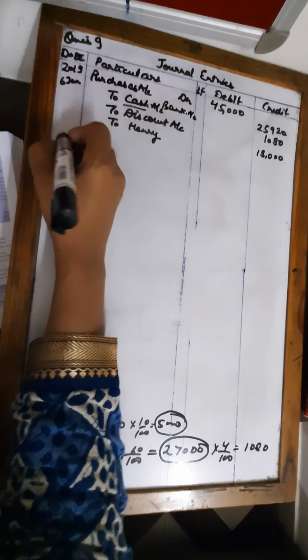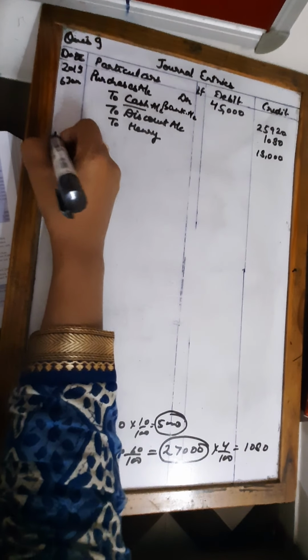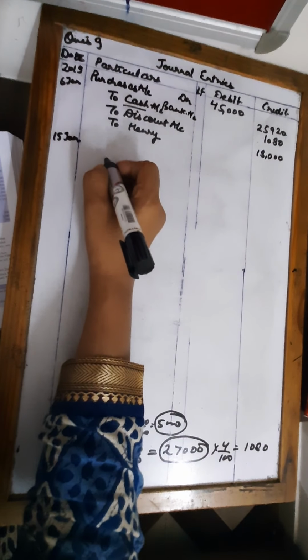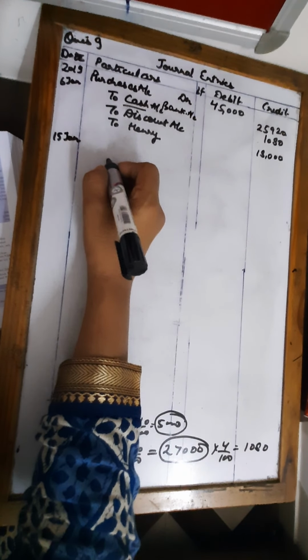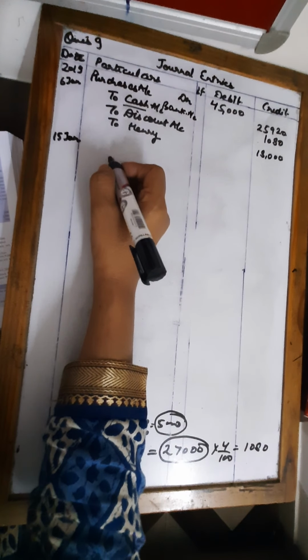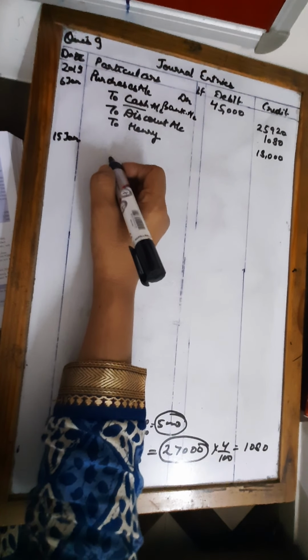Narration, write yourself. Next, January 15th. Bought goods from Amit for rupees 2 lakh at terms 5% cash discount and 20% trade discount. Paid 3/4 of the amount in cash at the time of purchase.